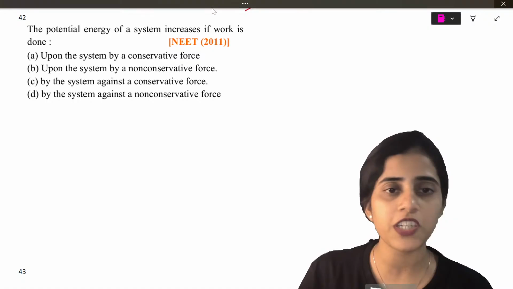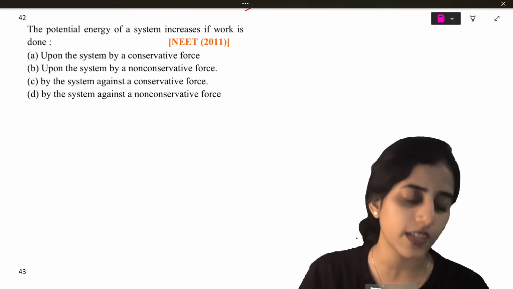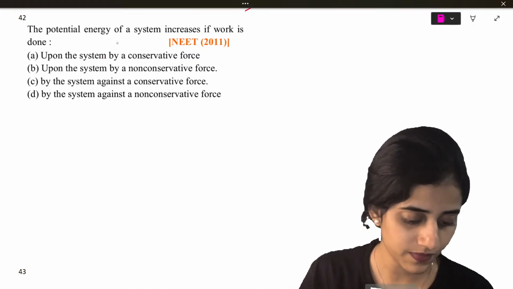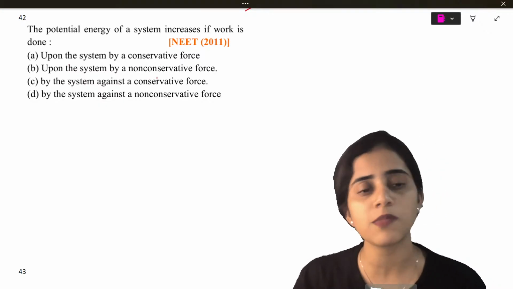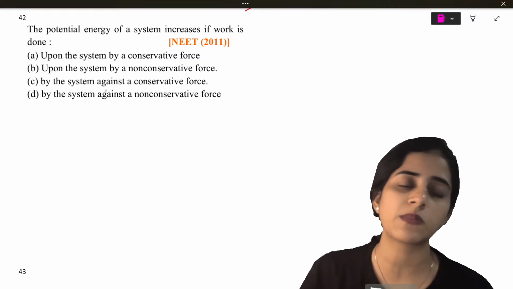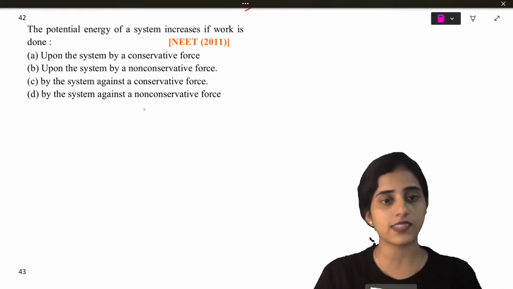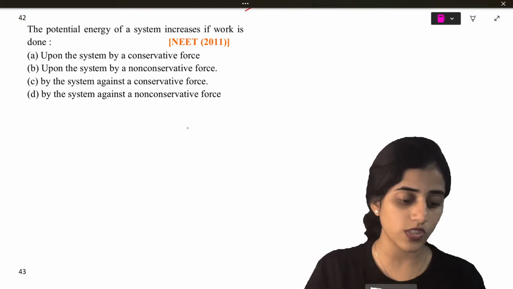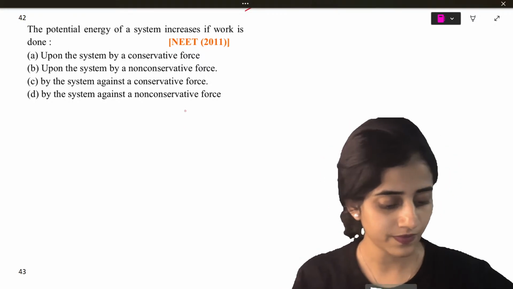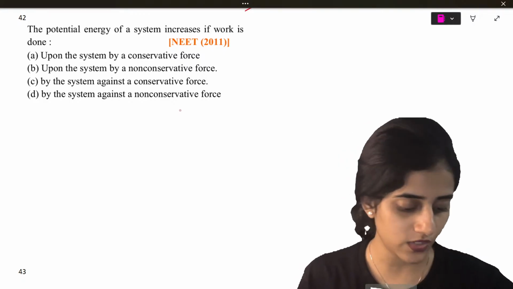Next question. Kushiana also got it. The potential energy of a system increases if work is done upon the system by a conservative force, upon the system by a non-conservative force, by the system against a force, by the system against a non-conservative force. Gotu got C. Yes, very good.